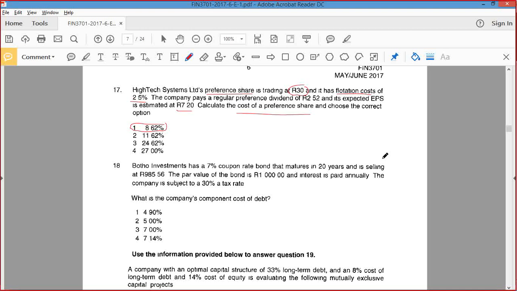So the cost of it is 8 point... So effectively that would be the interest rate, the 8.62%. Not the interest rate, the cost of raising capital through the issue of pref shares.